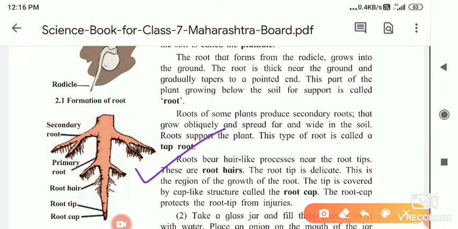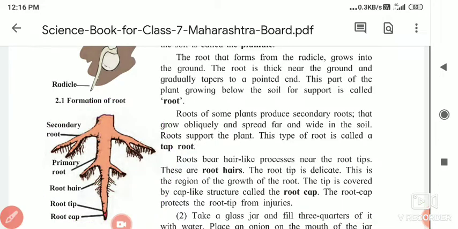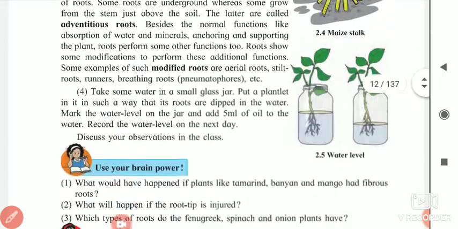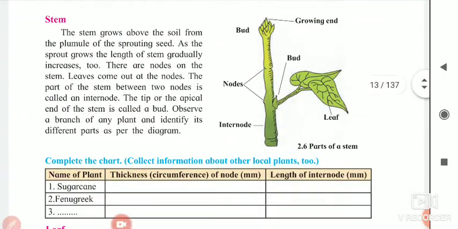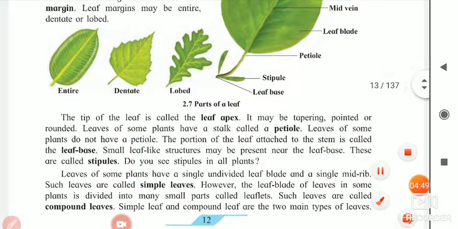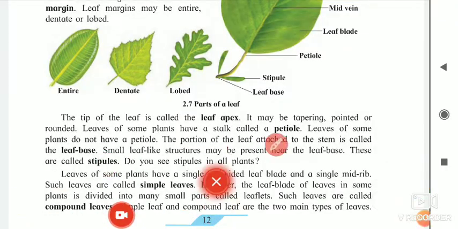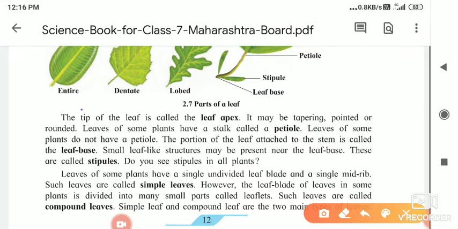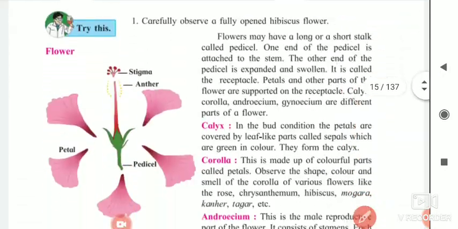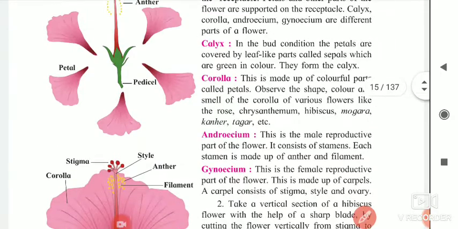So practice the parts of root. Afterwards the parts of stem, this also you study. Then types of leaves, different parts of leaf, and the flower. From this lesson, you have to do the parts of flower.